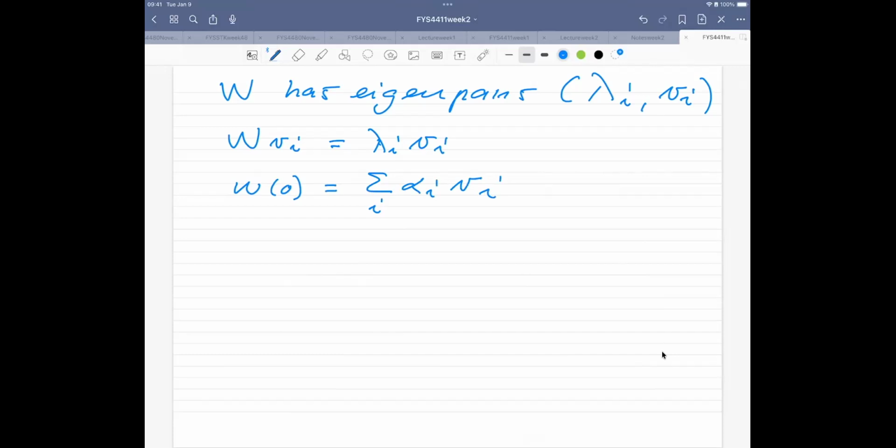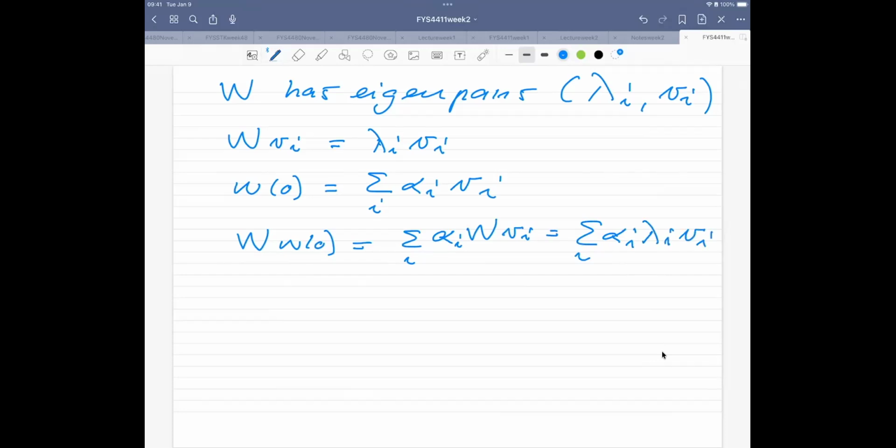This is something which I'm assuming you're pretty familiar with from linear algebra, which means that if I act on this state with the matrix W, then this is simply going to be given by the sum over i of alpha of i W v of i, which translates into the sum over i of alpha of i multiplied with lambda of i v of i.